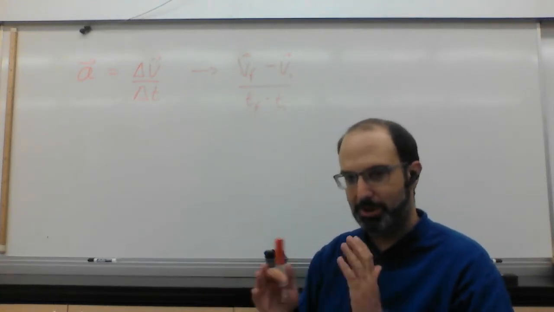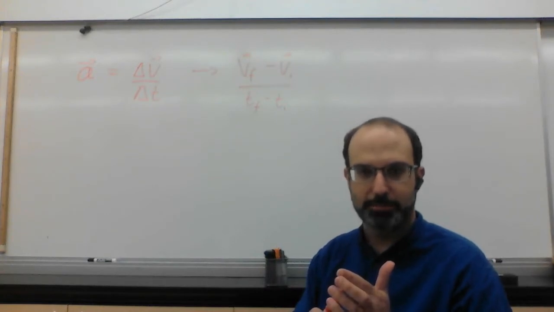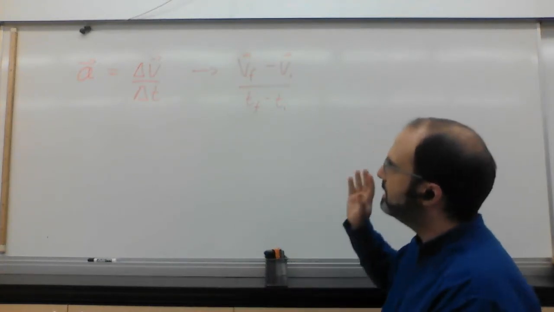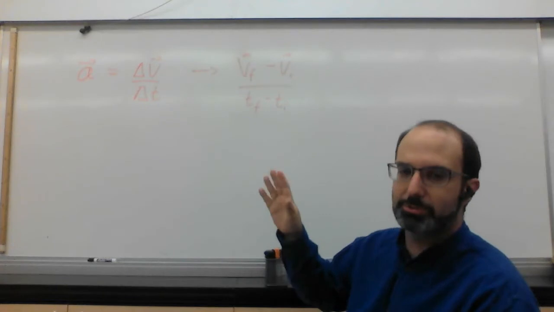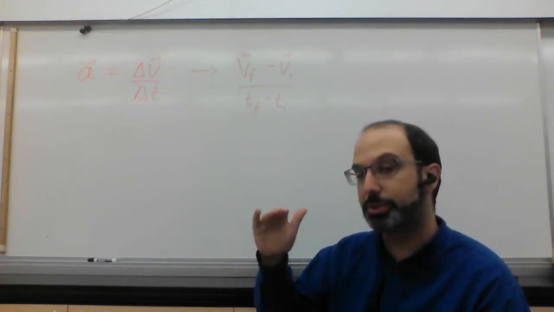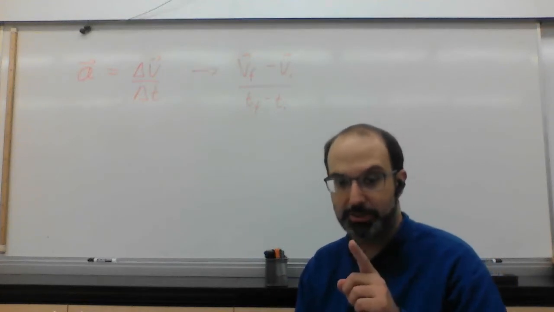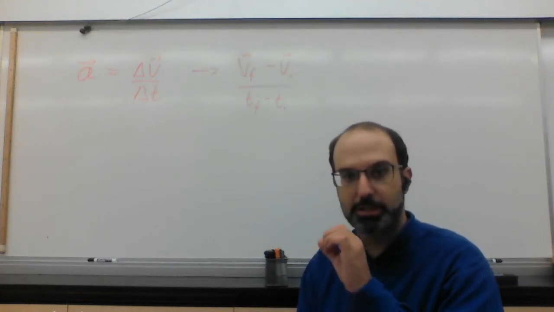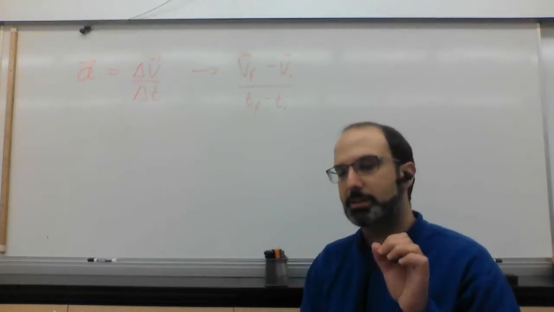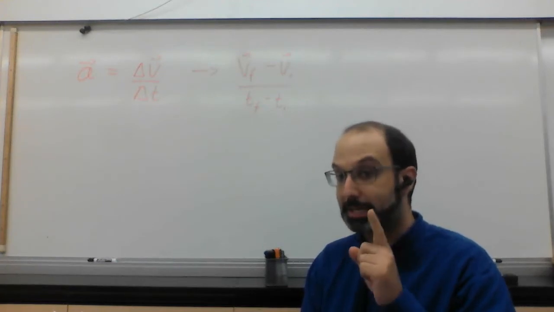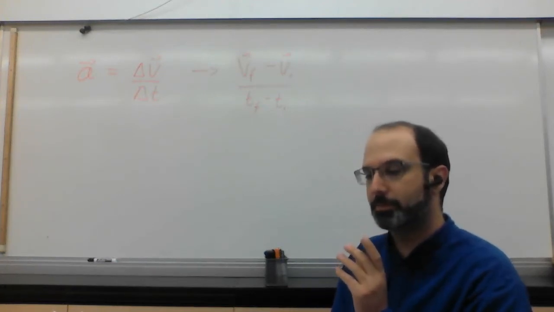We're comparing two different velocities. So this allows us to break down this equation and find all the different ways that we can change it. And the key is change. It's change in velocity. So anything that changes the velocity is by definition an acceleration.